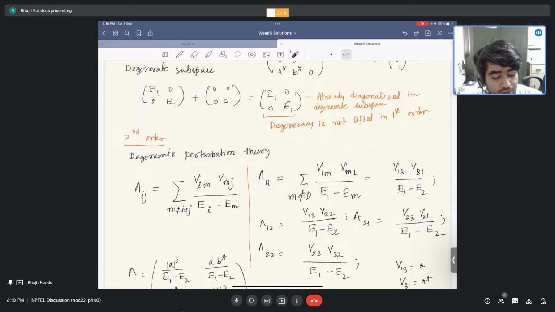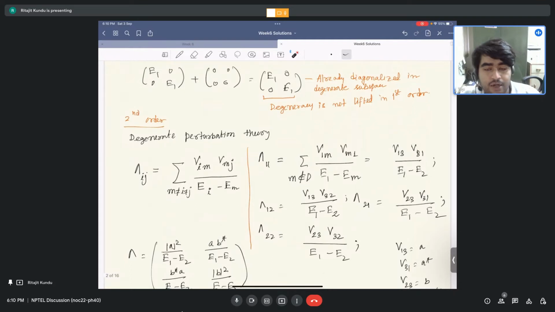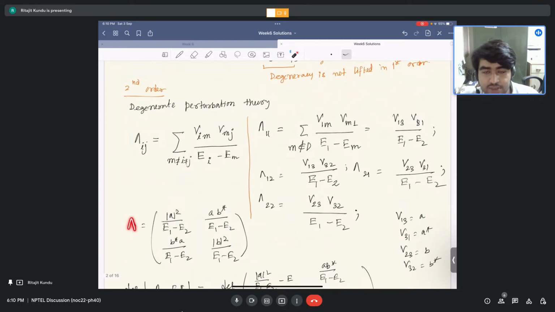Similarly, we can find lambda 2 1, which will be V23 V31, and lastly we will find V23 and V32, which will contribute to the lambda 2 2 element.